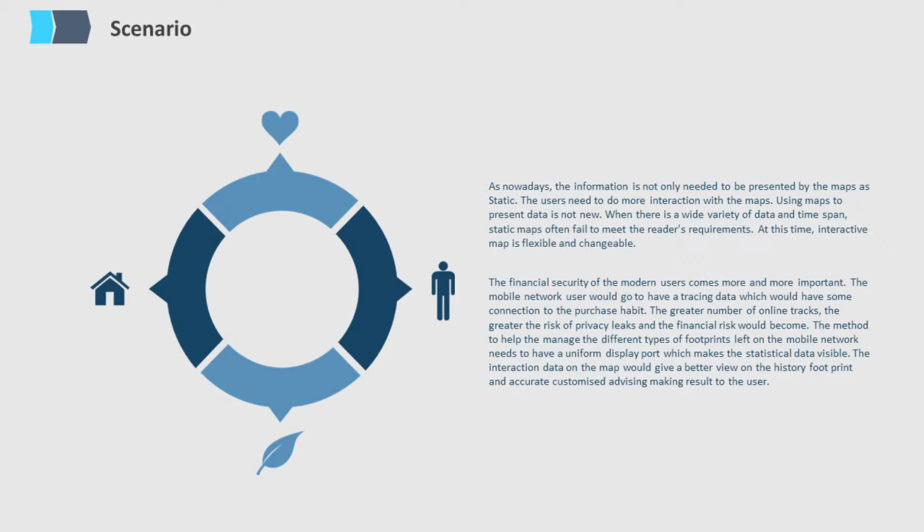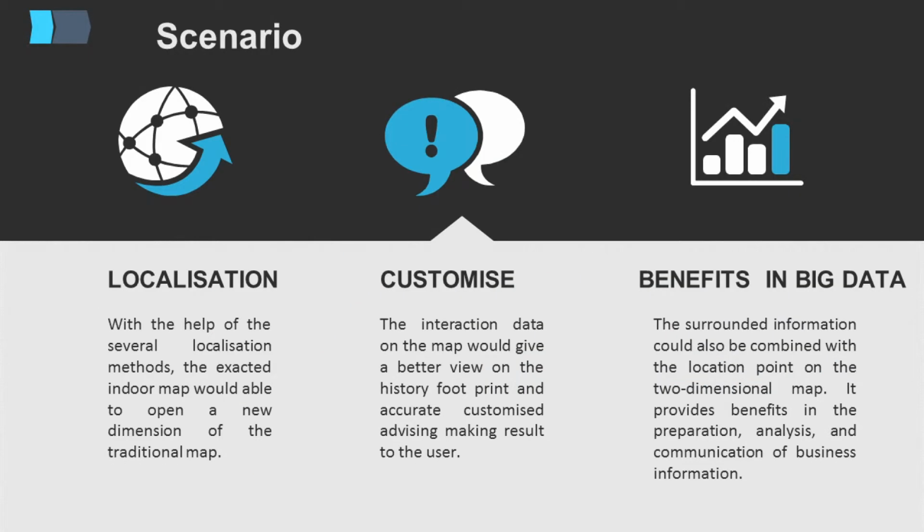The interaction data on the map would give a better view of the history footprint and accurate customized advice to the users. To finish, interactive maps need three features: localization, customization, and big data.